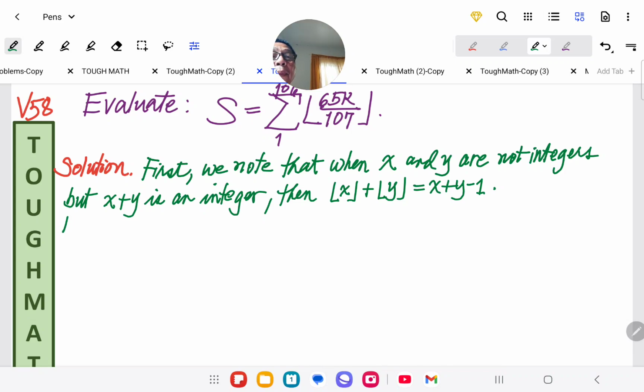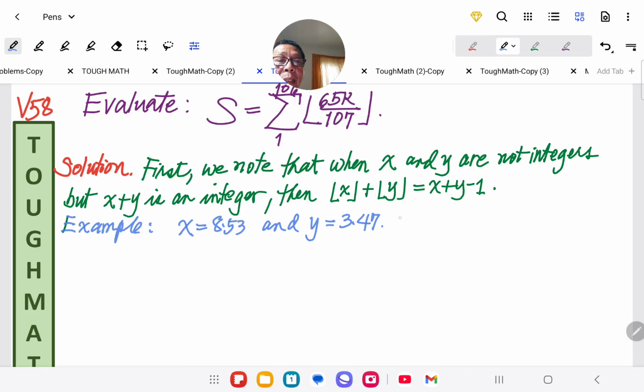Example. Our x is 8.53 and y is equal to 3.47. Then x plus y is equal to 12.